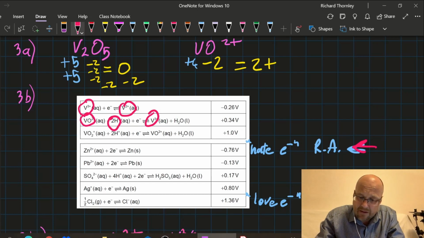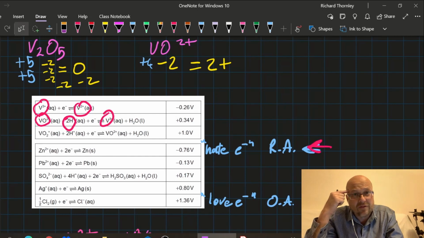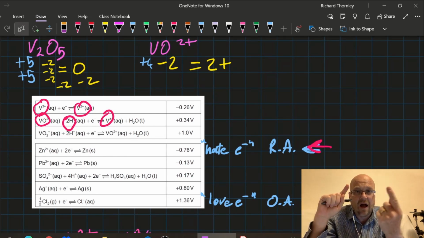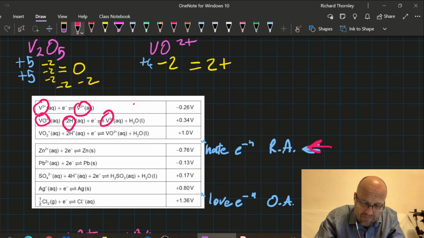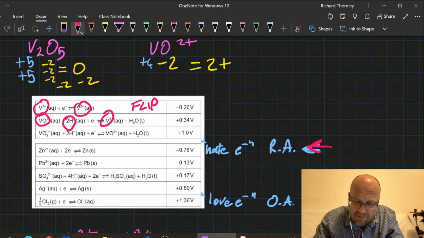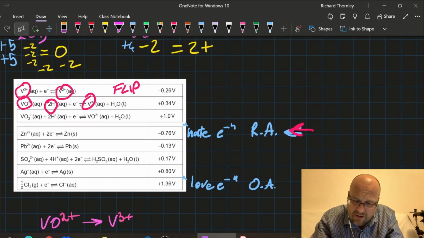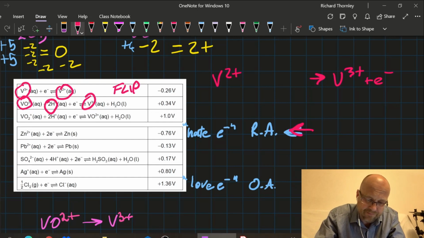Right. So I think flip the most negative. Whichever of the equations has the most negative E cell, I'm going to flip it around. So I'm going to flip this one. Now what do I mean by flipping? Well, I'll show you. So I'm going to put the V2+ on that side, and I'm going to put the V3+ on that side with its electron.